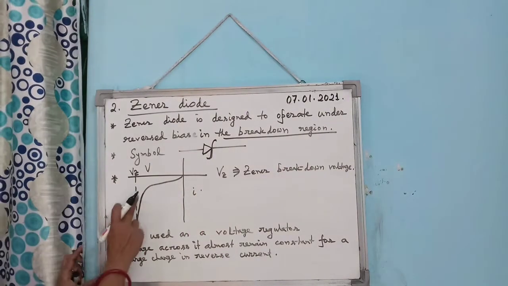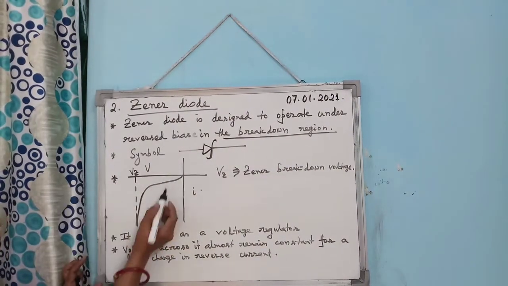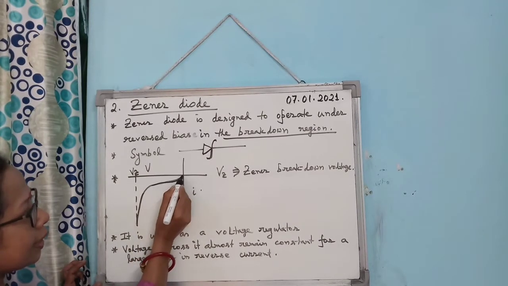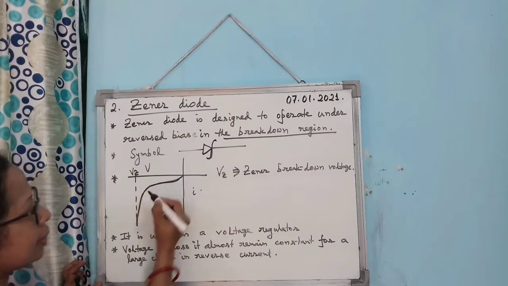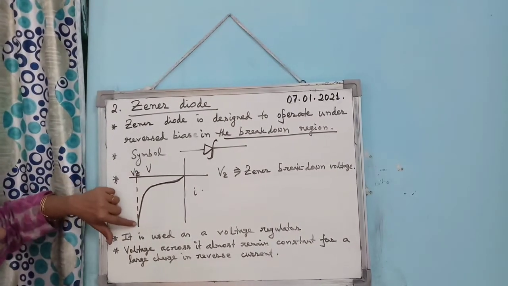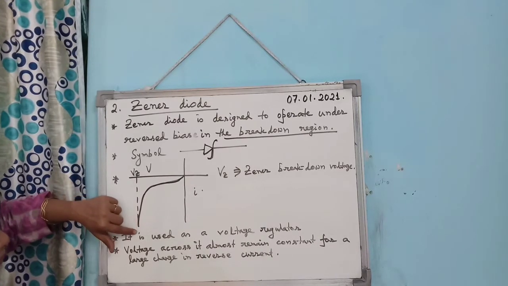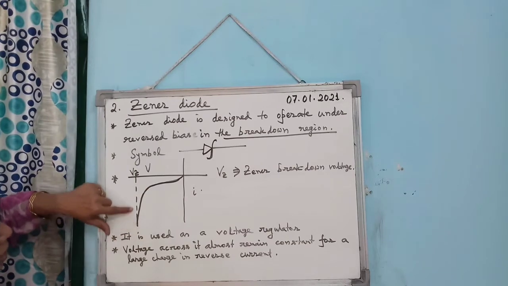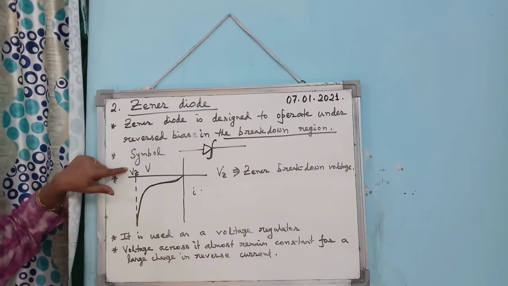So if you consider the reverse biasing characteristics graph, you know that there is the reverse saturation current, and then the Zener breakdown occurs. Alright, and after that you see the voltage remains constant but the current is increasing. Just look at it, the current is increasing, but the voltage is remaining constant at Vz.